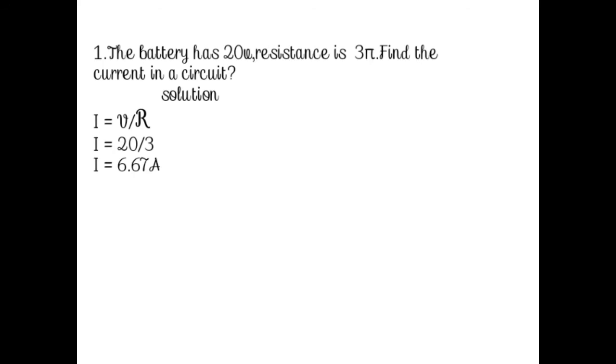Our voltage is 20 and our resistance is 3. So now we are going to divide 3 into 20. It will give us 6.67 ampere. So we have found our current.